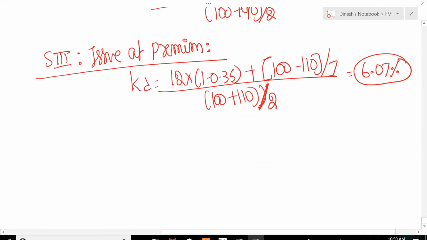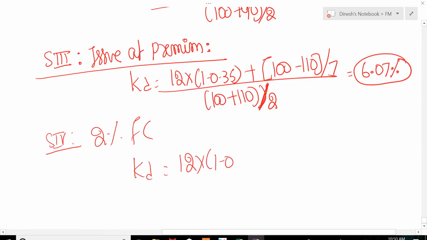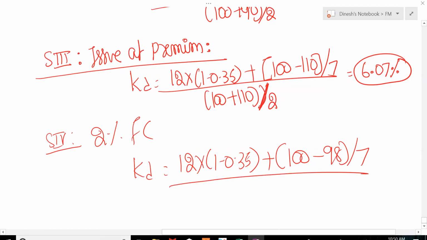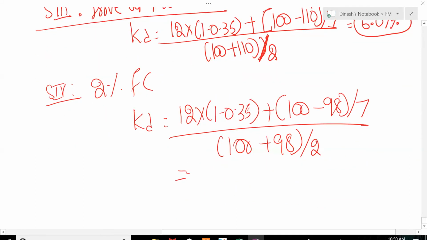Last scenario, 2% flotation cost. How much? 8 point.